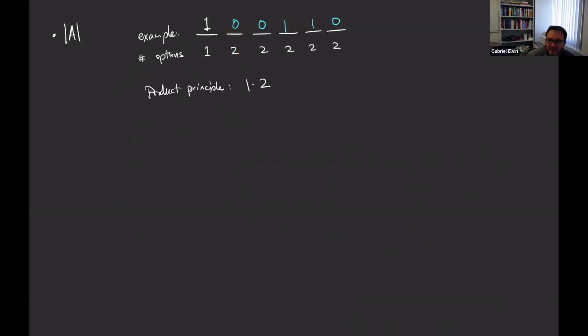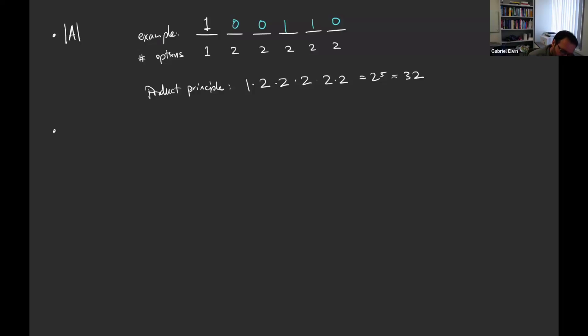I picked 0, or whichever one I picked, I have 2 more options for the next one. So it's this branching process of how many options I have, and it's illustrated nicely in a previous video. So this is 2 to the 5th, which is 32. I hope. Yeah. Okay, so that's the size of A.